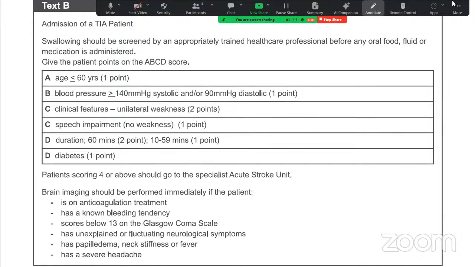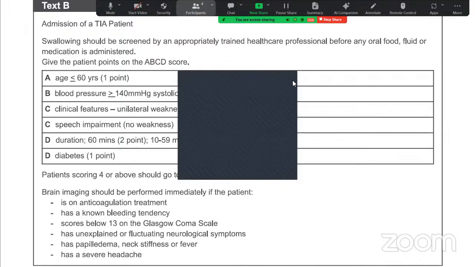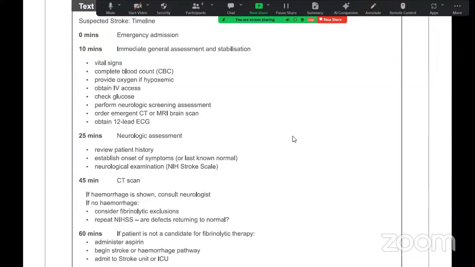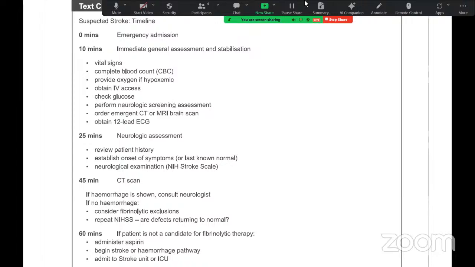This is text number 3, C, that is a timeline.